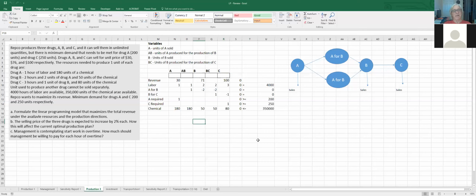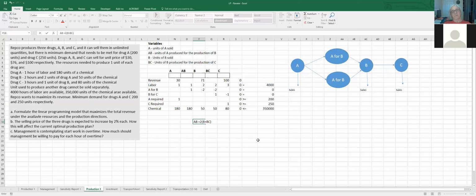So you say the following. The number of units of A that are produced for the B drug, I call it AB, must be equal to 2 times the number of units of B that you sell plus the number of units of B that you produce for the C drug.